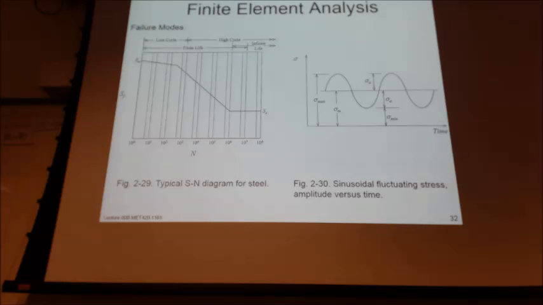If the mean stress is anything other than 0, then we're going to use the Goodman equation for solving for our safety factor, and we can also apply Miner's rule, which is the damage accumulation.